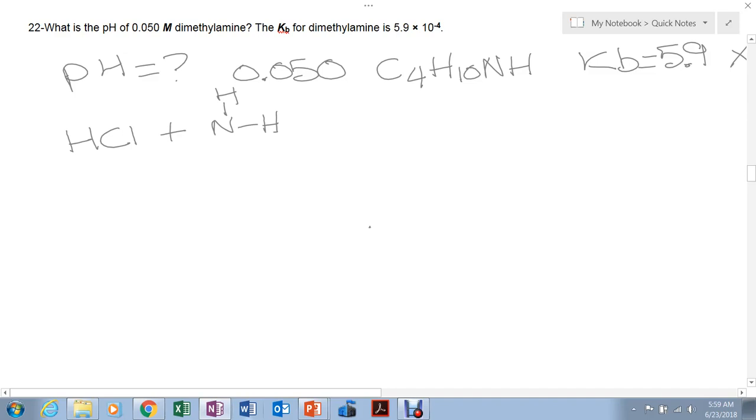I don't know if you remember the Lewis structure, but it's this one with two lone pairs. All the organic compounds that contain nitrogen have this. This lone pair is the one that attracts the hydrogen, and that's why the HCl, for example, forms the NH4Cl.